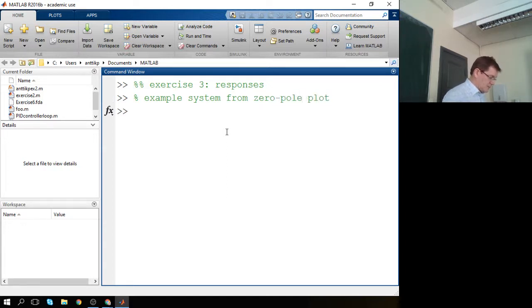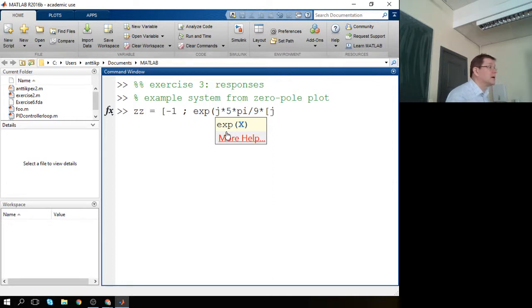All right, so we have the zeros at -1, and this is actually a column vector, zeros and poles as column vectors. And then I have on the unit circle J times the angle. Okay, J times 5 times pi divided by 9, then 1 and -1.